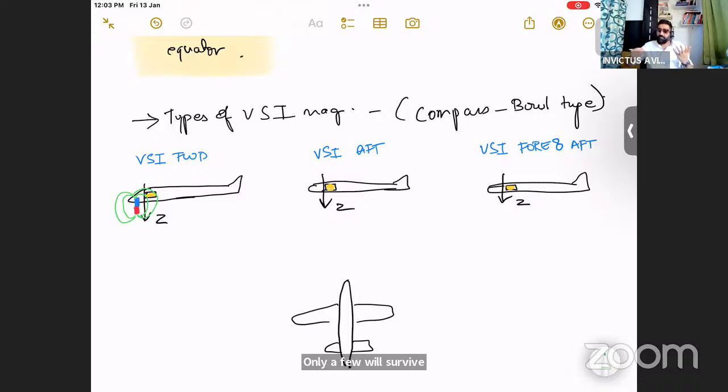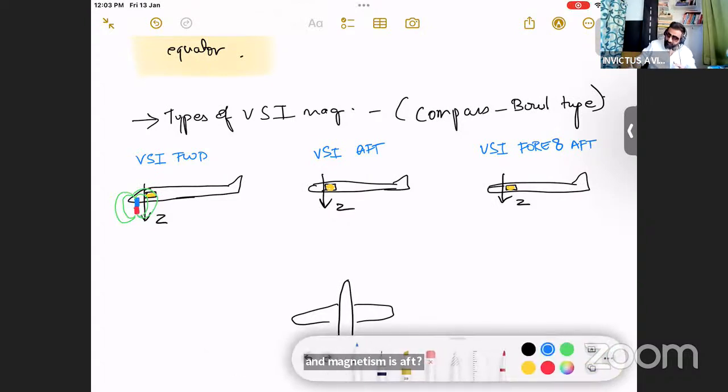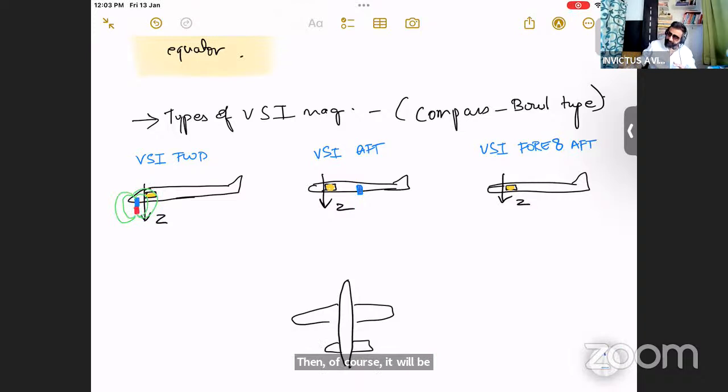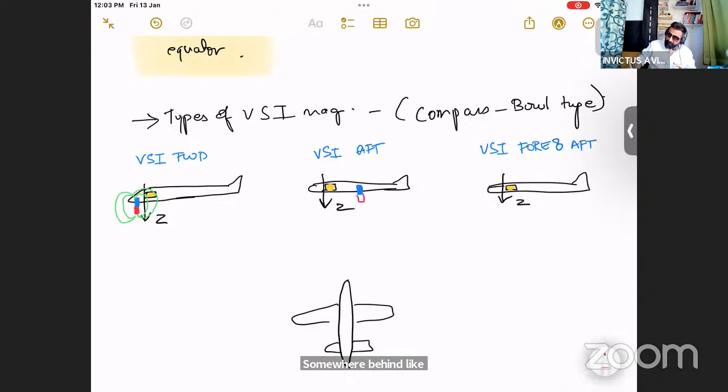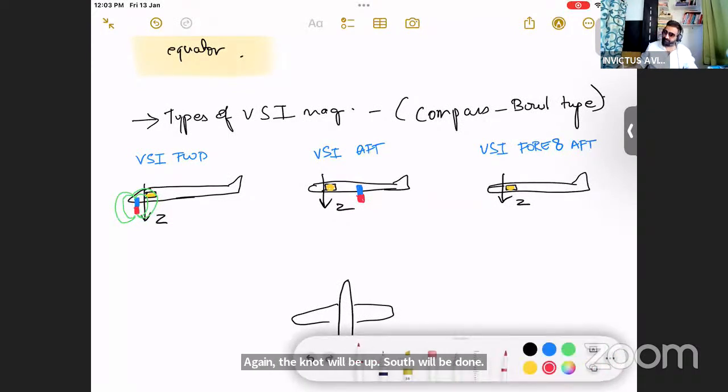Okay. So what about aft? What if the vertical soft iron magnetism is aft? Then, of course, it will be behind. Somewhere behind like this. Again, the north will be up, south will be down. This can also influence my compass.